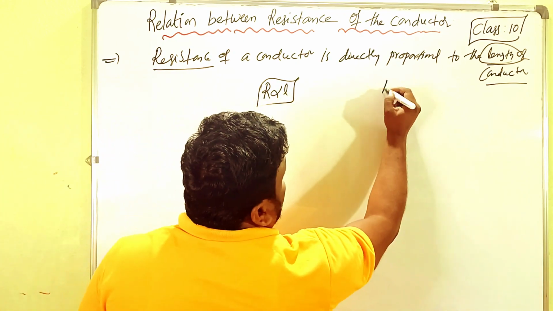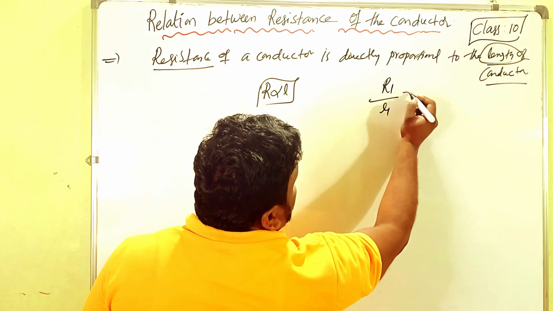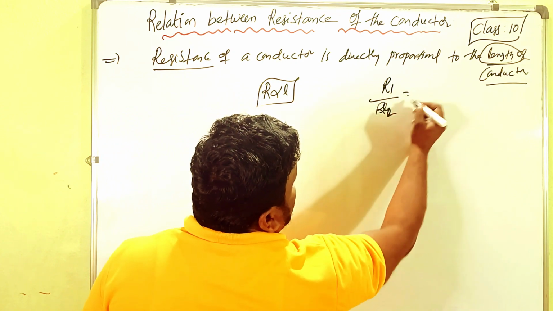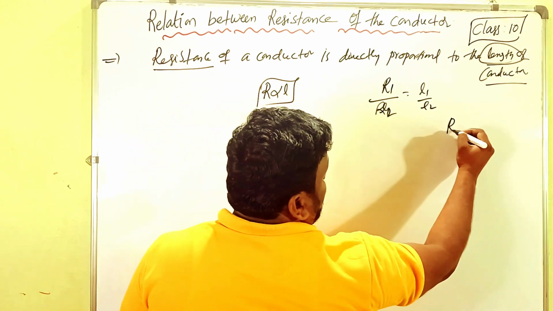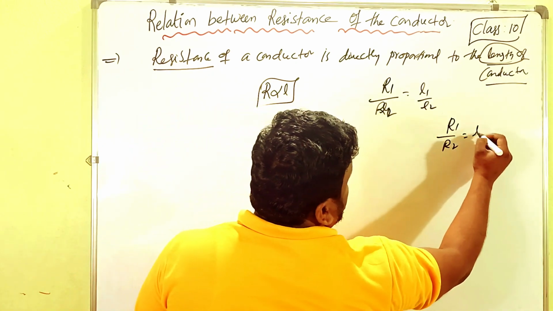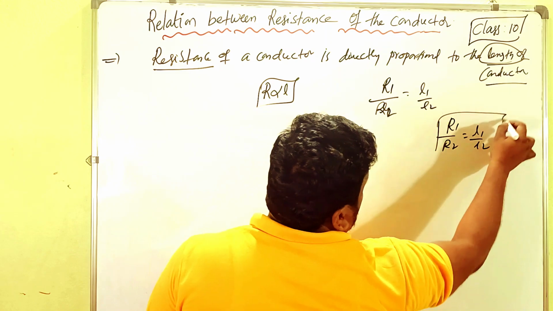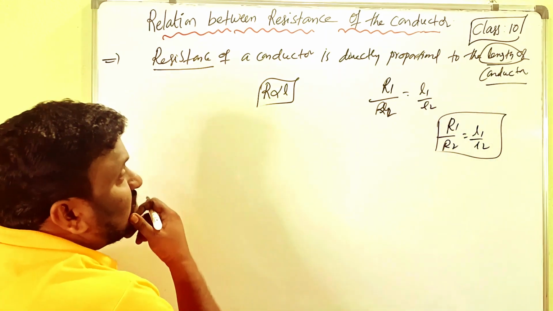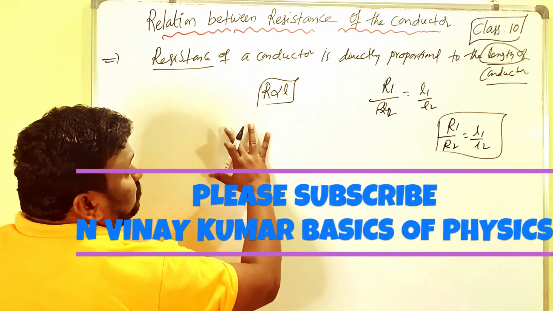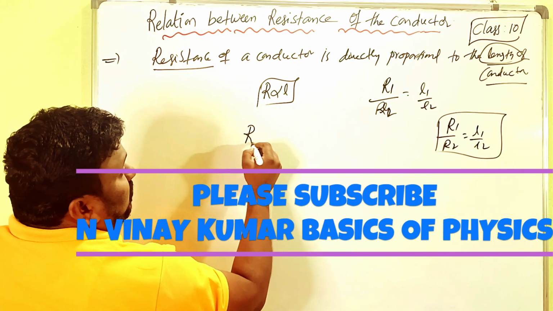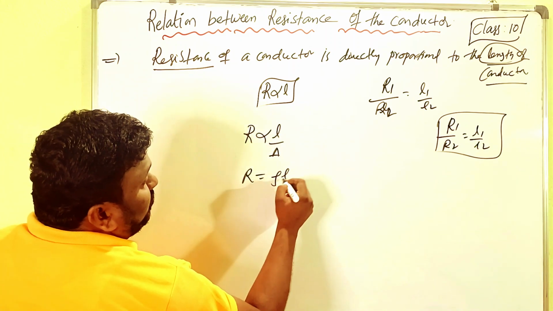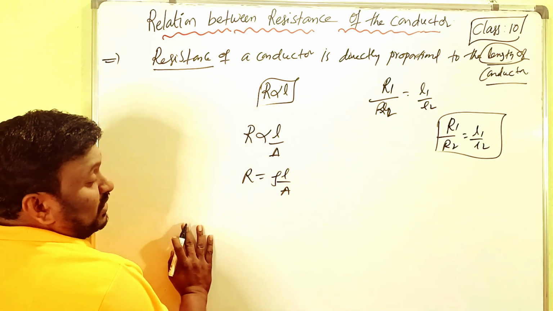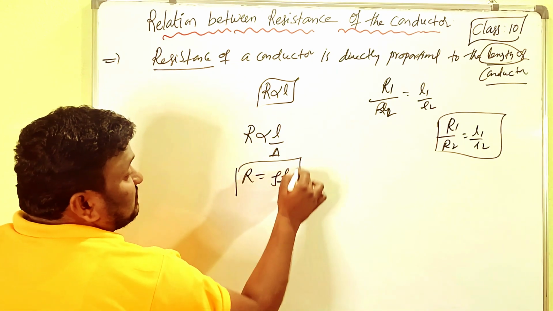So children, in formula problems we can use this formula: R1 by R2 is equal to L1 by L2. Here we have already discussed that R is proportional to L by A, and R is equal to rho into L by A. Here what is L?